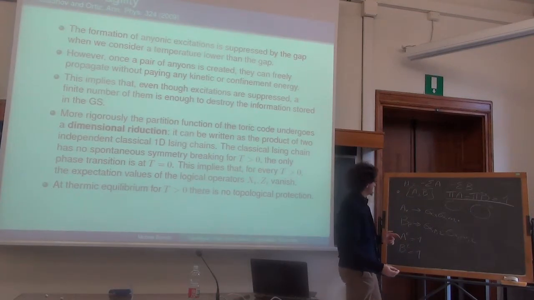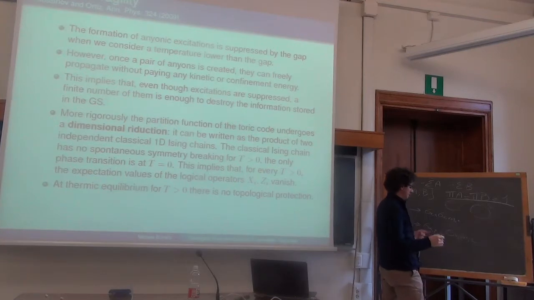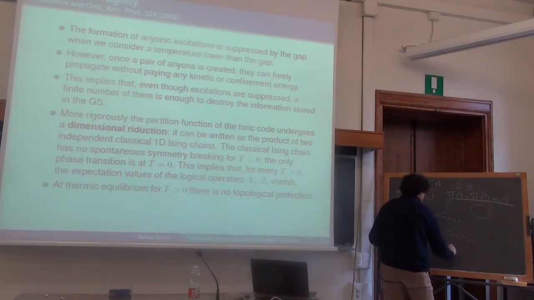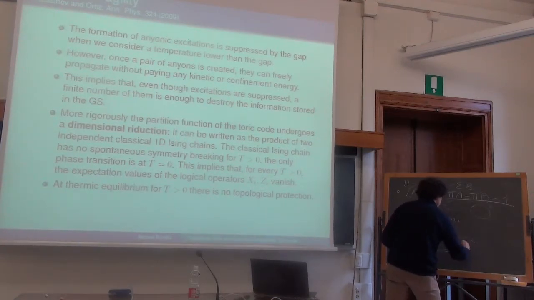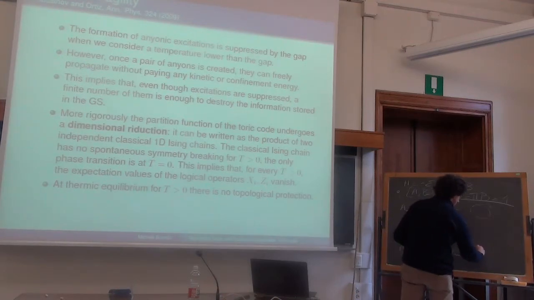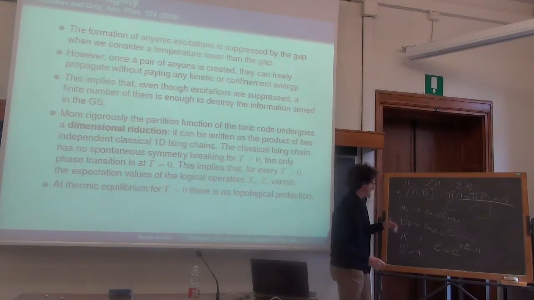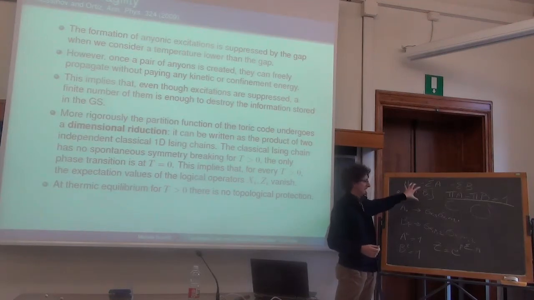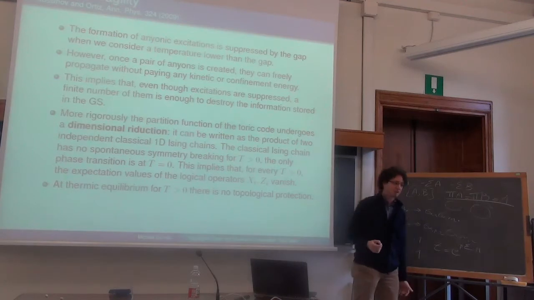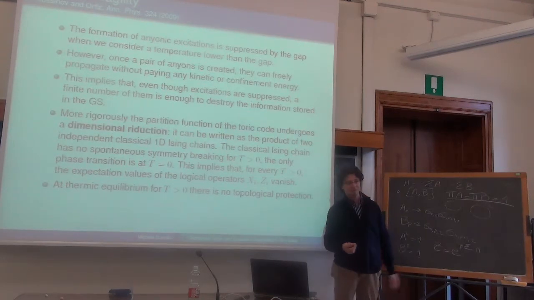So the thing is that if you start writing down the partition function as e to the minus beta times the Hamiltonian, summed over all the possible spin configurations, this is the same for the two-dimensional toric code, and these pairs of decoupled Ising chains without any magnetic field.